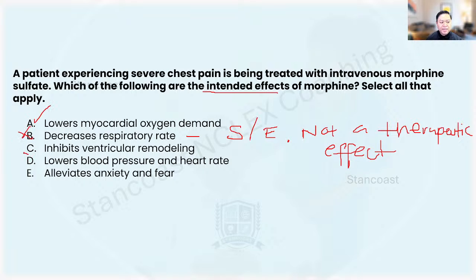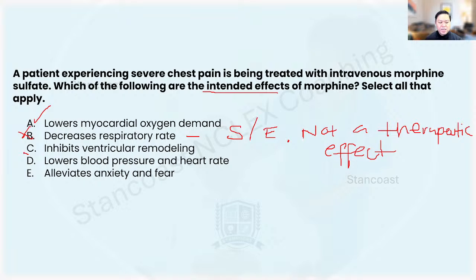Let's take a look at letter C. Inhibits ventricular remodeling. Okay, so what is that? The medication itself, the morphine sulfate, will not do that kind of therapeutic effect.